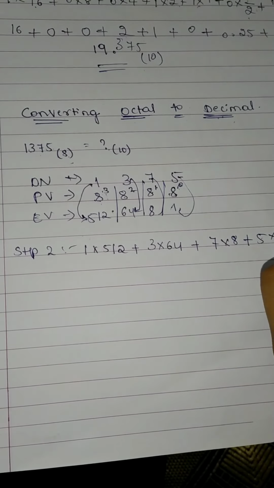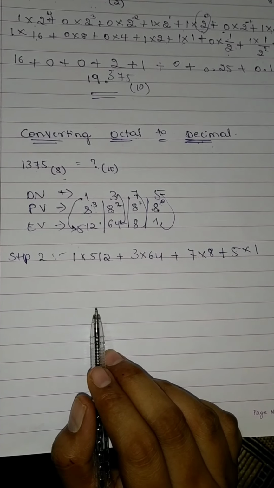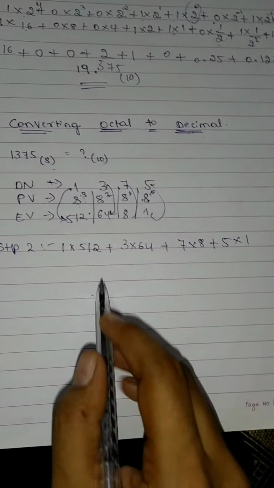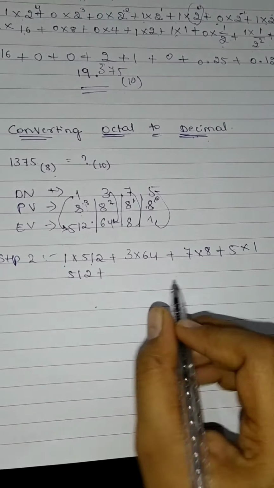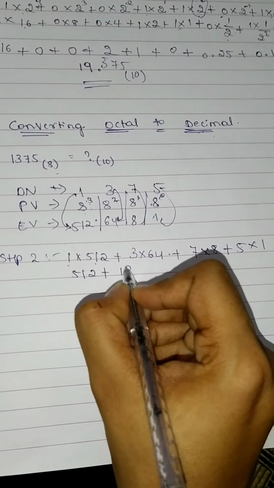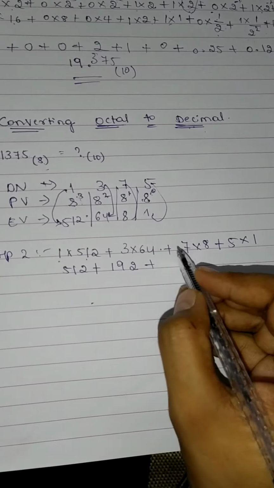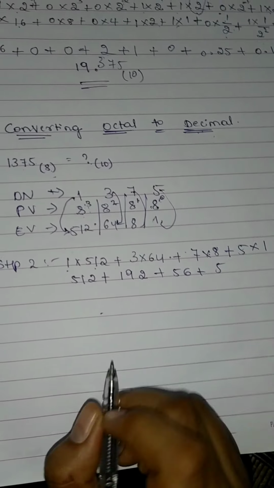So 1 into 512 is 512, plus 3 into 64 is 192, plus 7 8s are 56, plus 5 1s are 5.